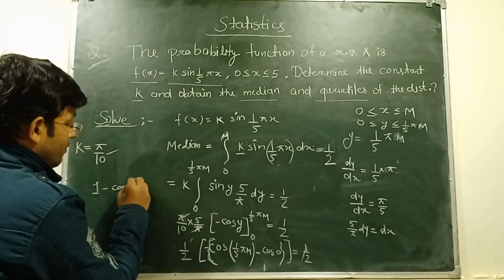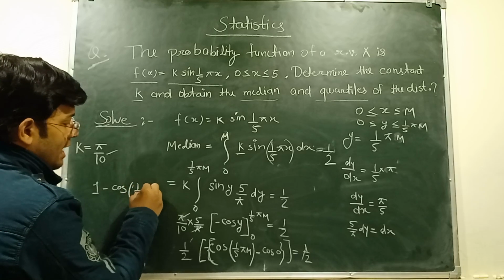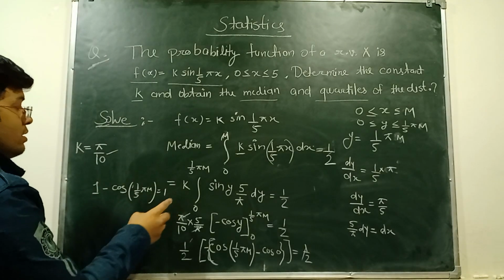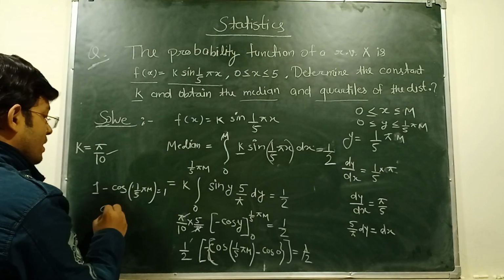So we will find that cos of 1 upon 5 pi m is equal to 1. Now 1 minus 1 is equal to 0.